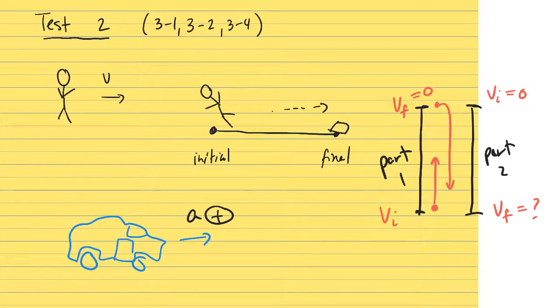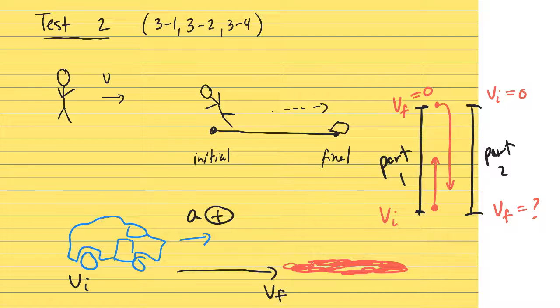It's got some initial velocity. It has a final velocity after it goes a certain distance. Now, let's say that this car, listen carefully, after undergoing a certain distance or a translation here, encounters oil in the road.